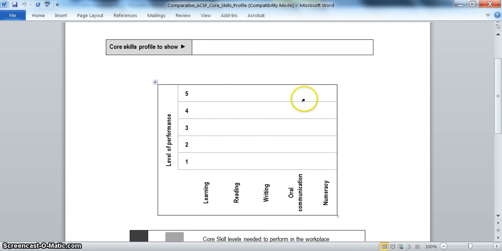When you come up with your comparative profile, you'll see where the gaps are, either between the learners' levels and the unit levels, and between our training expectations and the unit levels. And in our next session, we're going to look at strategies and processes to help our students meet the gaps and to ensure that we're providing adequate support.